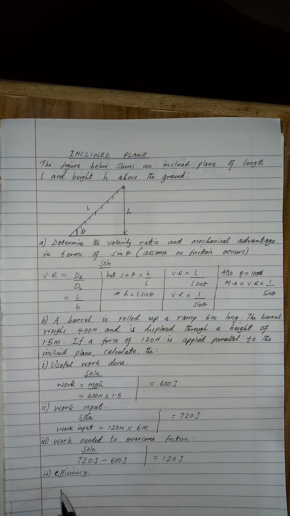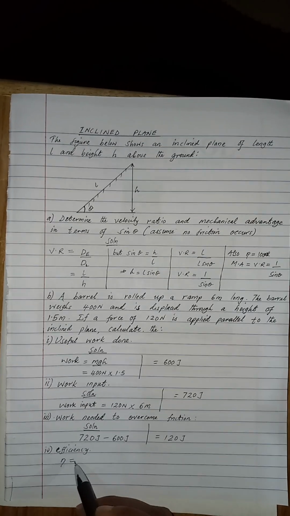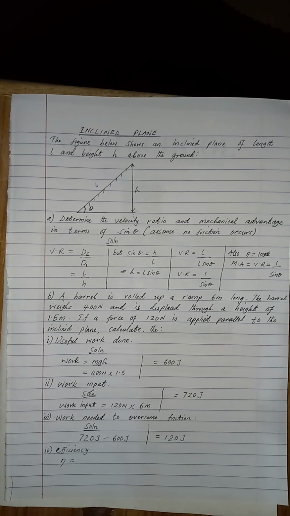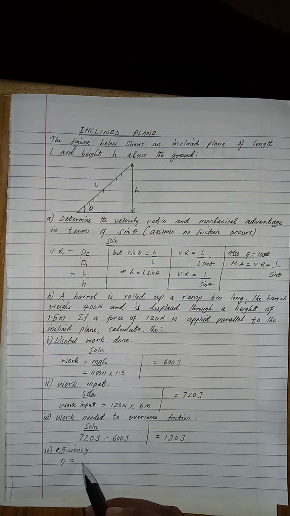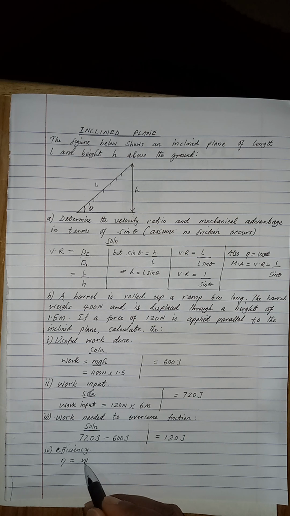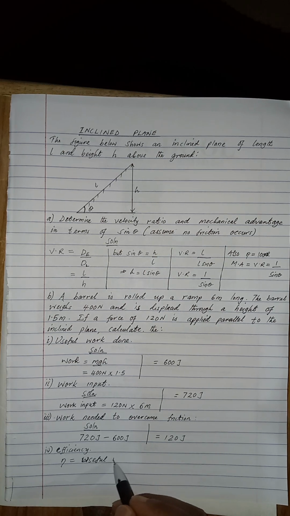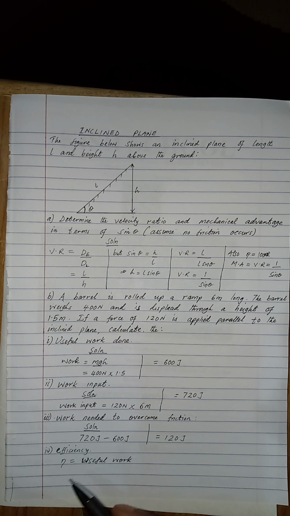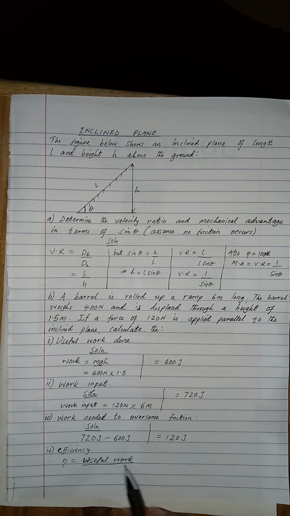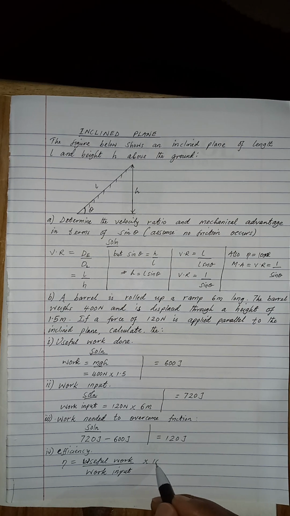Efficiency. The last question, efficiency of the machine. We know that to find efficiency, it is given by the useful work, or we also call it work output, over work input times 100.